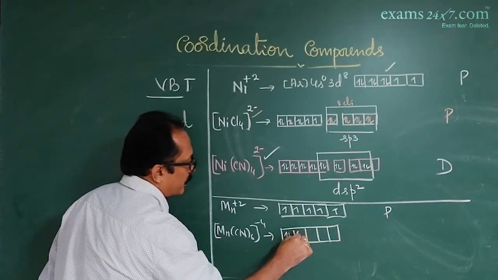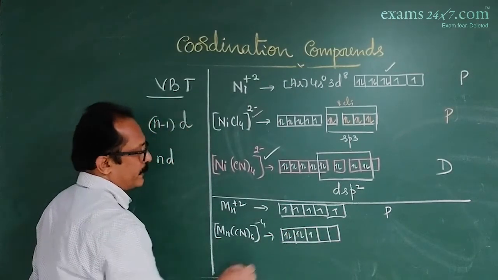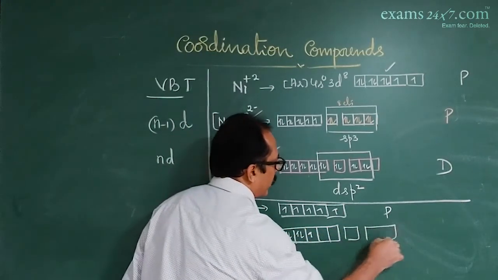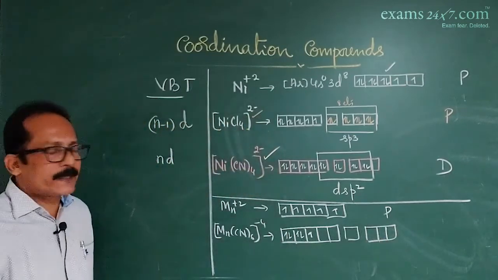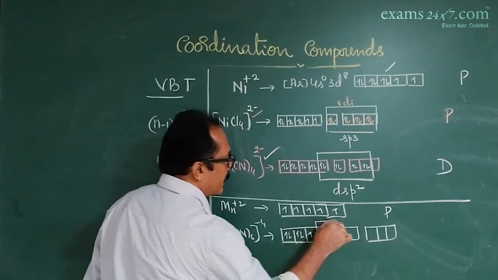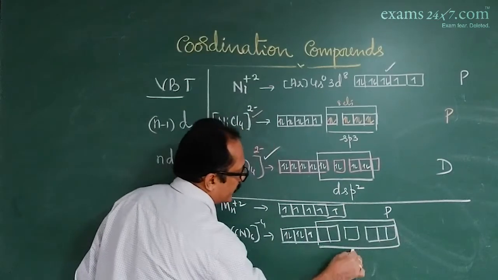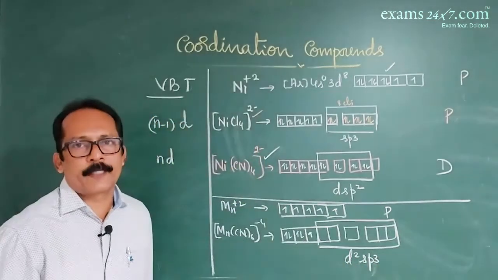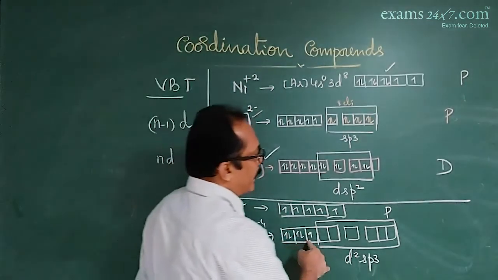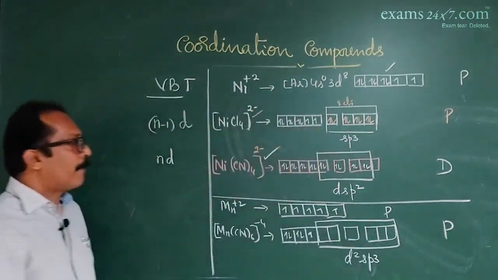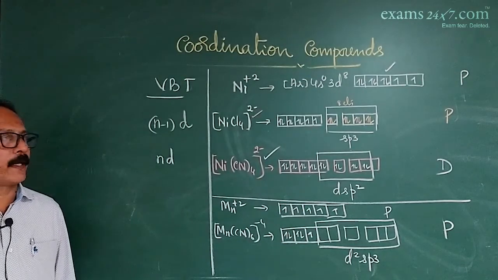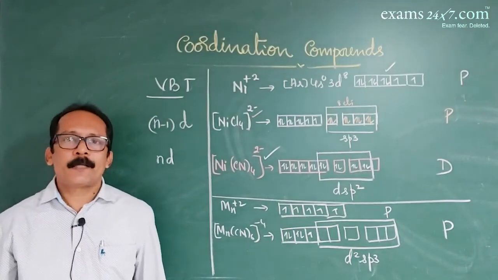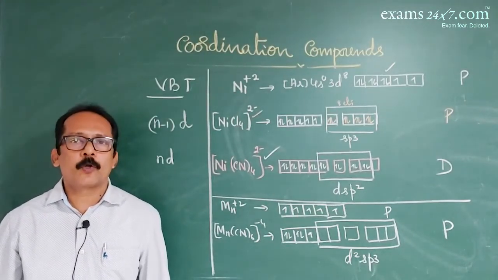These 5 electrons are arranged like this. Still it contains one unpaired electron. Now, there are 6 ligands, so this undergoes d2sp3 hybridization, octahedral geometry. And there is one unpaired electron, therefore it exhibits paramagnetic character. Like this, based on VBT, we can explain different types of complex compounds or complex ions.